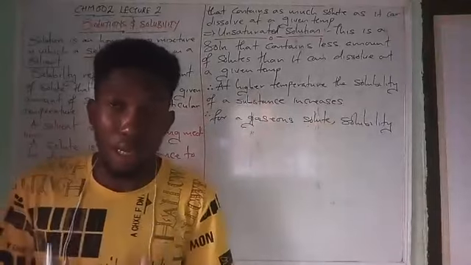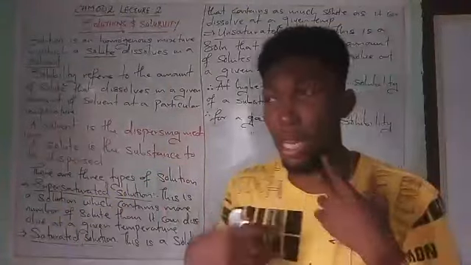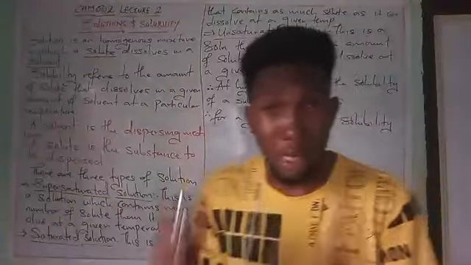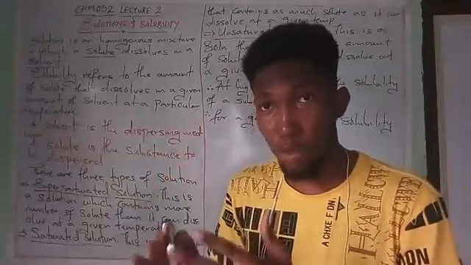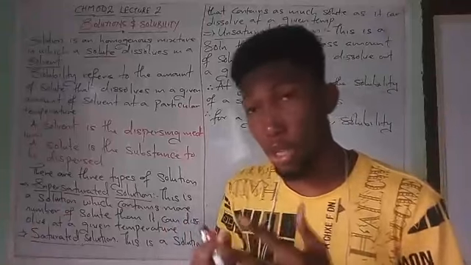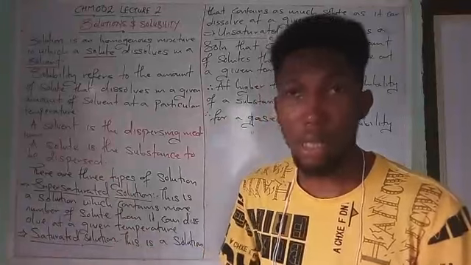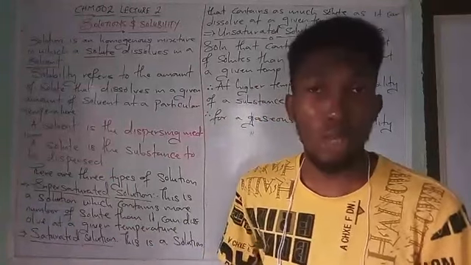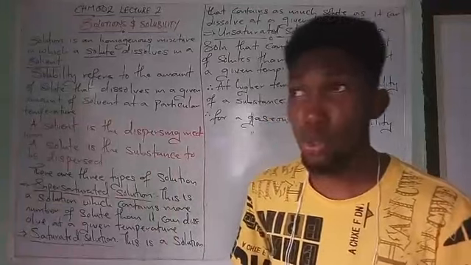Just use this concept. Have you ever asked yourself why, when you open a bottle of Coke, gases begin to come out, like you see this effervescence? That's because once you open the Coke, you reduce the pressure. And when the pressure is reduced, the gas molecules lose solubility and they begin to get liberated out of that solution.